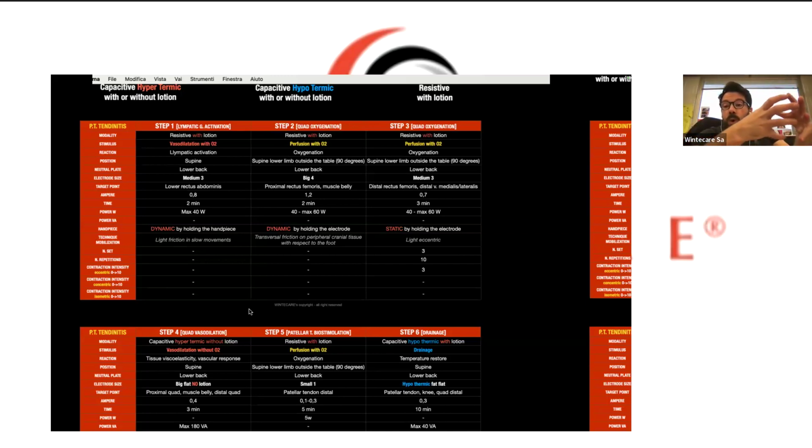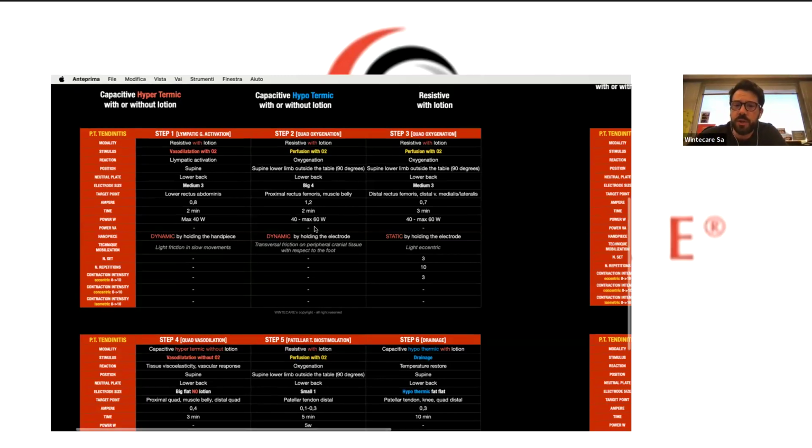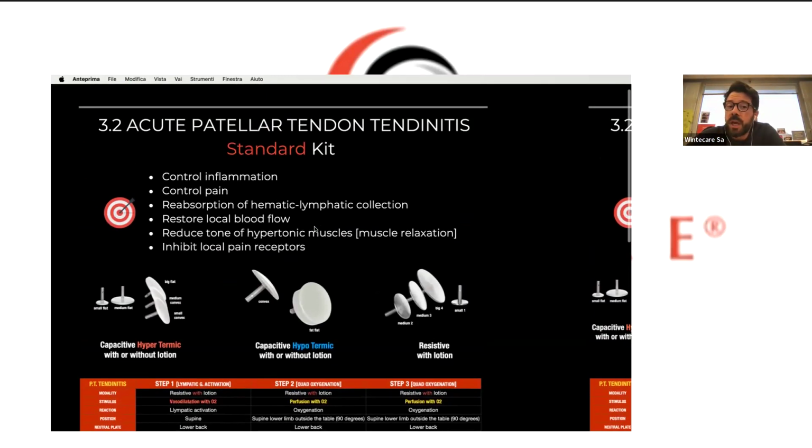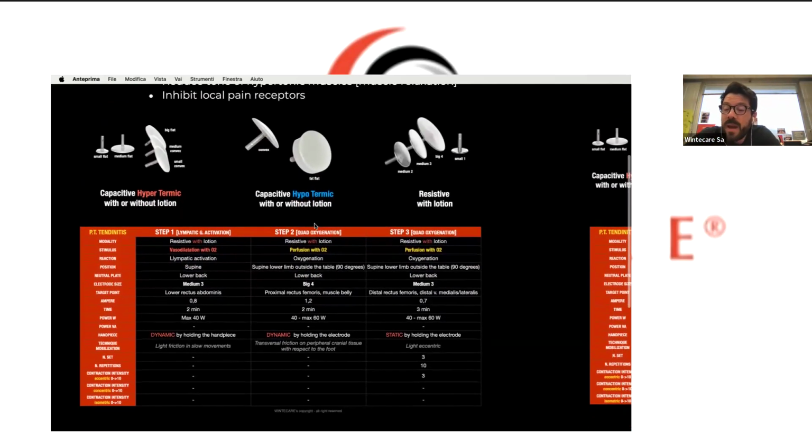So we work there in order to increase the oxygenation of the tissue. We are working on acute patella tendon tendinitis, so what we are doing here is stimulating blood perfusion on a proximal tissue compared to where we have the inflammation. We are preparing the circulatory system to absorb the inflammatory process.